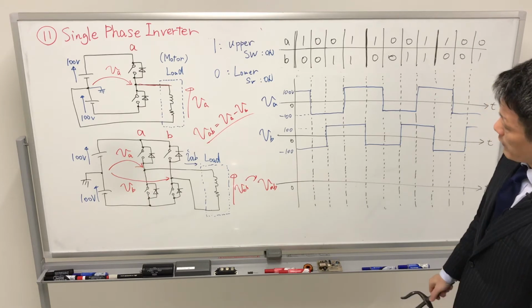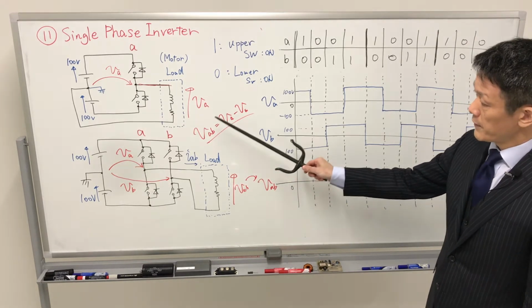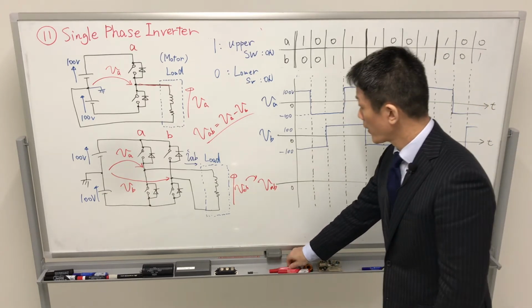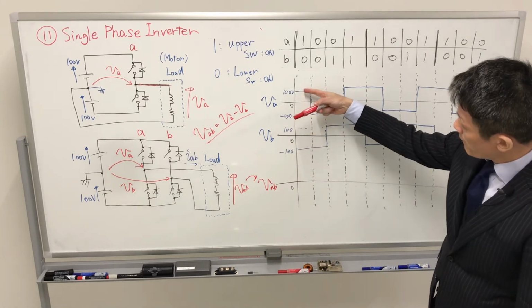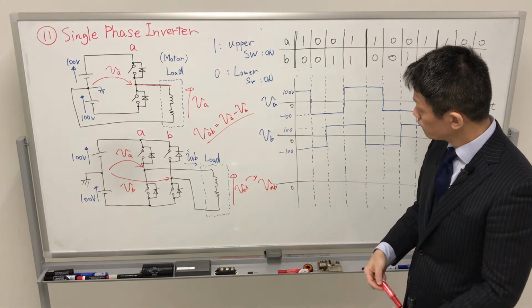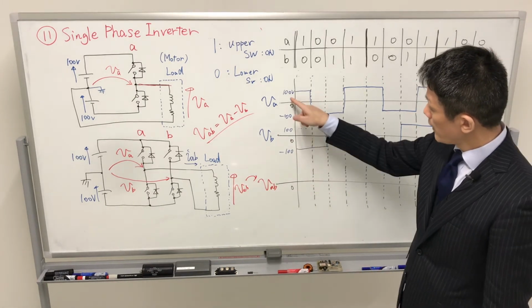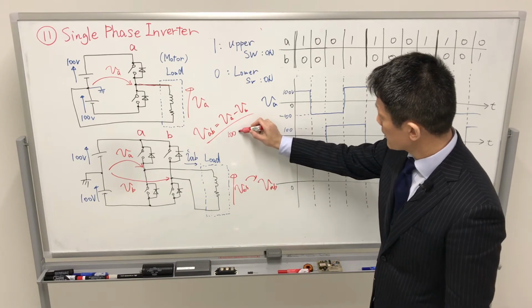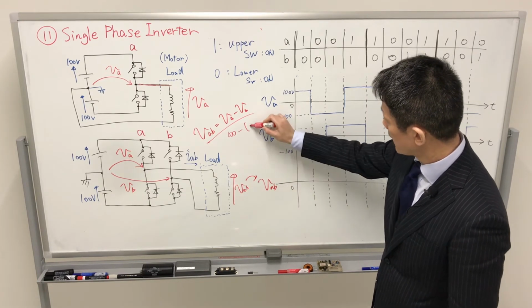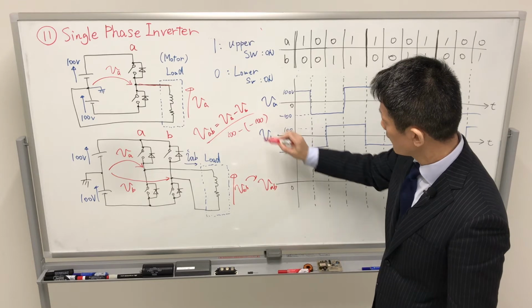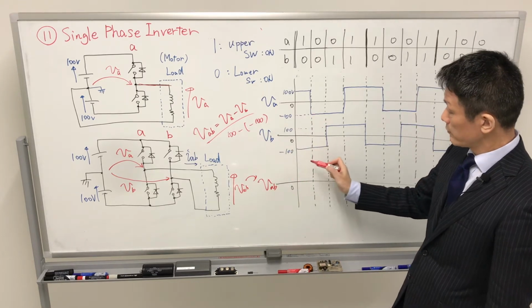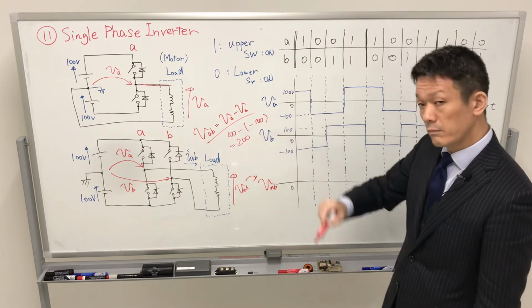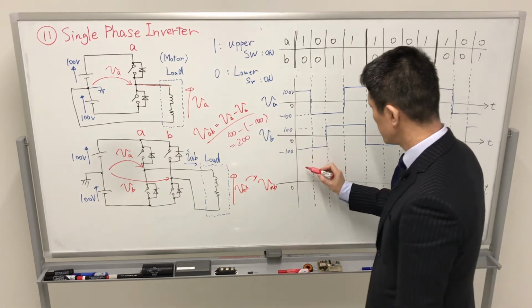If it's difficult, please use this theory. VA minus VB, VA minus VB, minus 100 in this term. Oh, 200. So 200.